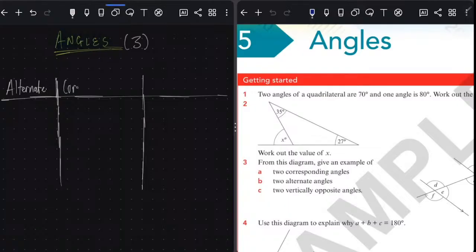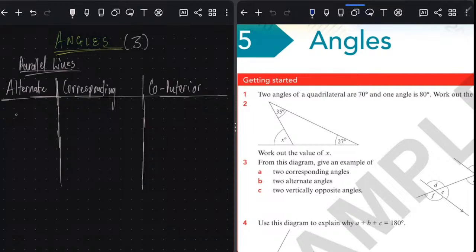Corresponding, and then what is the last one? Co-interior, okay? Opposite is not really on parallel lines, right? We are starting with parallel lines. Parallel lines have three rules, which we talked about last time.